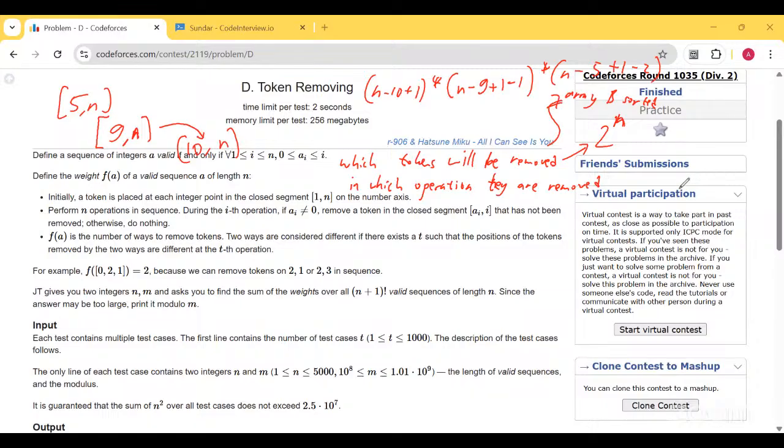All right, so we already thought about in which operation we want to remove. After that, we need to think about the array A, right? How many possible arrays A?